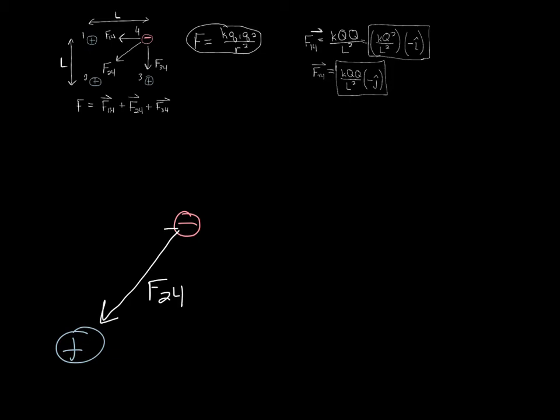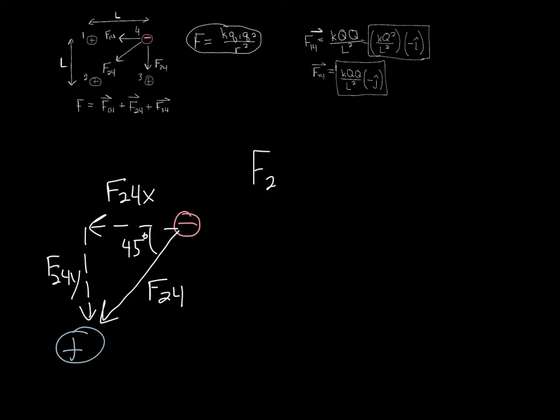And I know that some of this F24 is acting in the x direction, so I'm going to call this F24 in the x direction, and some of it is acting in the y direction, F24 in the y direction. And I can figure out what this angle is. I know that this is 45 degrees because this is a square. So what I can do now is figure out what F24 is.